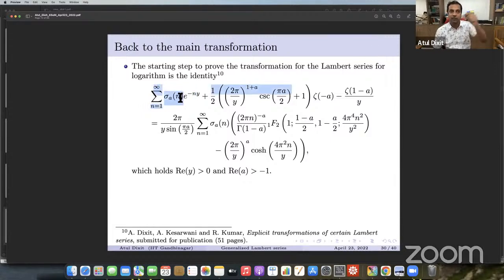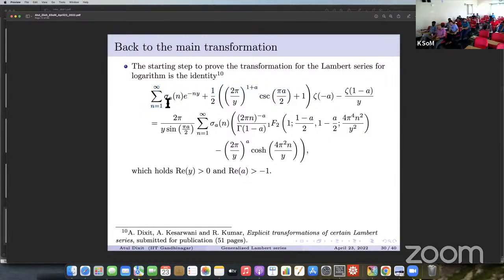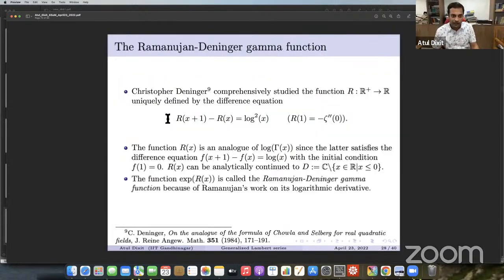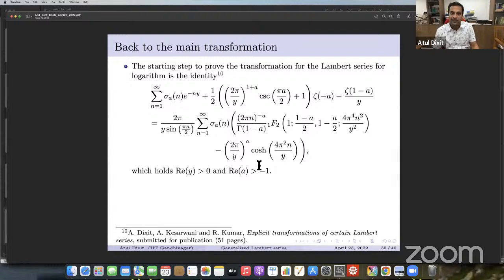You can write this as the Lambert series associated with n to the power a. There was no transformation available for it for any complex a. Now there is. In my paper with Ashita and Rahul, we have this for any complex a.